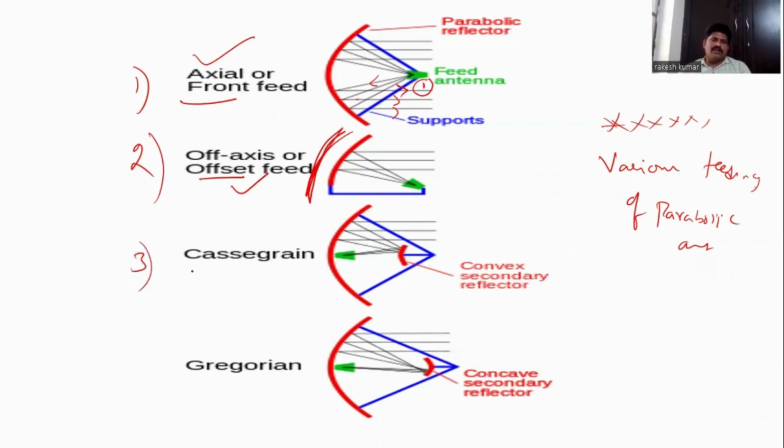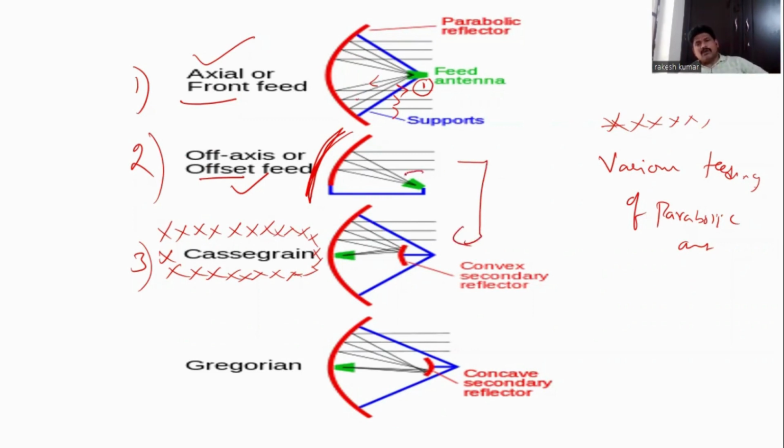The third one, the most popularly used feeding technique in parabolic antenna, is Cassegrain. The most popularly used practical antenna is Cassegrain. What is the difference you have noticed between this diagram and this diagram? Here, how many reflectors are there? Only one reflector and one primary source.